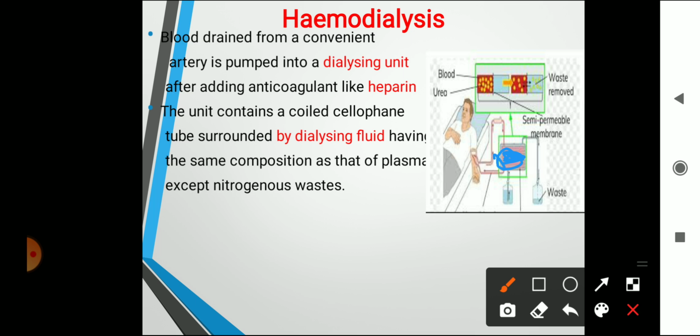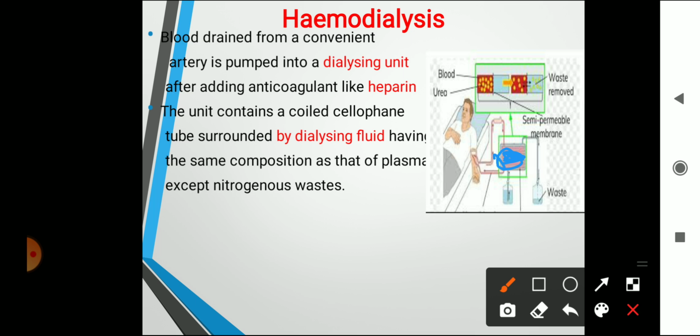Now the composition of the dialysing fluid will be exactly the same as that of the plasma of the blood, except that the dialysing fluid will not have nitrogenous waste materials, whereas the blood contains nitrogenous waste materials.